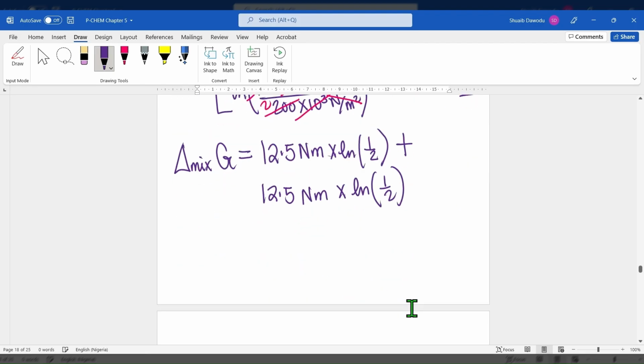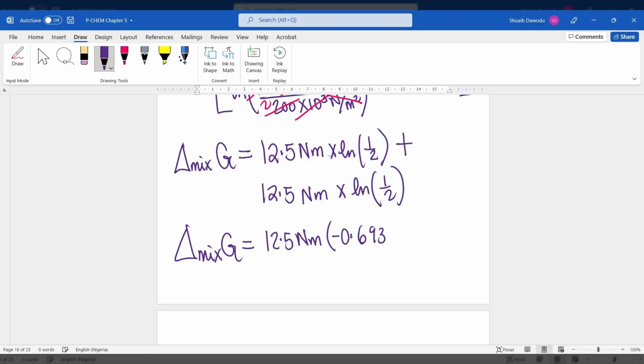So when you input this information again in your calculator, the change in Gibbs energy of mixing is simply 12.5 Newton meter multiplied by ln of half, which is negative 0.69315, because ln of a fraction less than 1 is always going to give you a negative number. That's the reason why I'm writing it out, just so everyone is carried along.